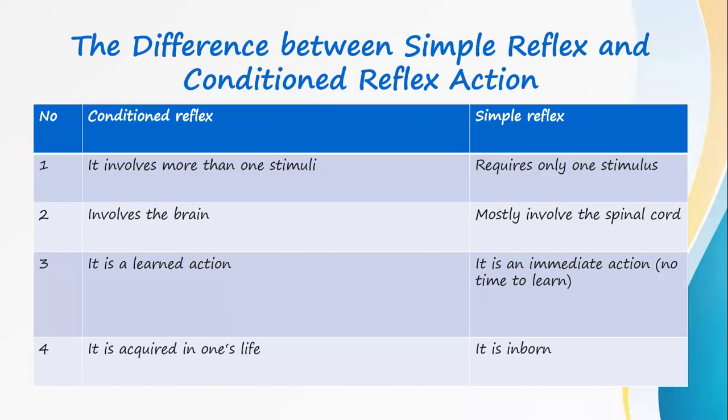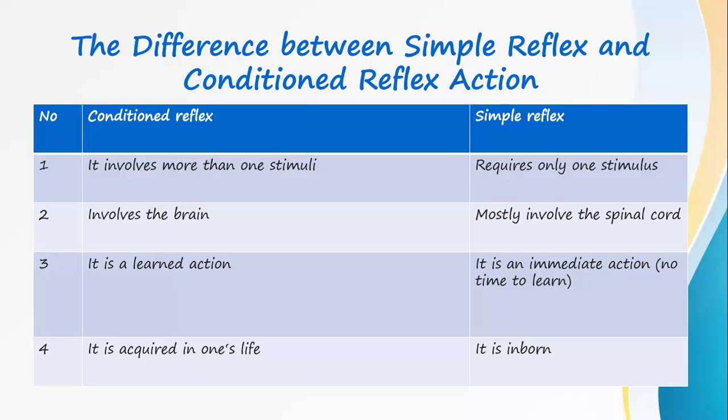The second difference is that the conditioned reflex action involves the brain. So the brain is the one that carries out the conditioned reflex action, while the simple reflex action is mostly involved with the spinal cord. The third one is that the conditioned reflex action is a learned action. It is obtained by learning, or by experiencing this kind of stimulus for some time.